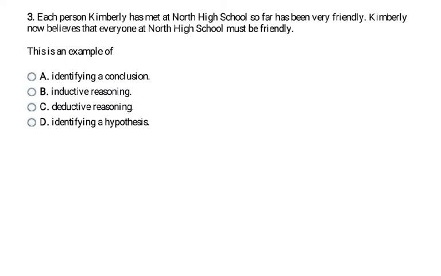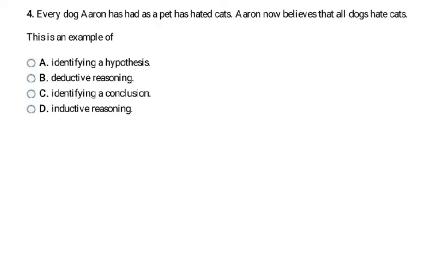Since it's more going with your gut and making an assumption, this is going to be inductive reasoning, letter B. This example reads, every person Aaron has had a pet has hated cats. Aaron now believes that all dogs hate cats. This is an example of, since this is more of a guess, it can't be mathematically proven, it's an assumption, a guess, it's going to be inductive reasoning, letter D.